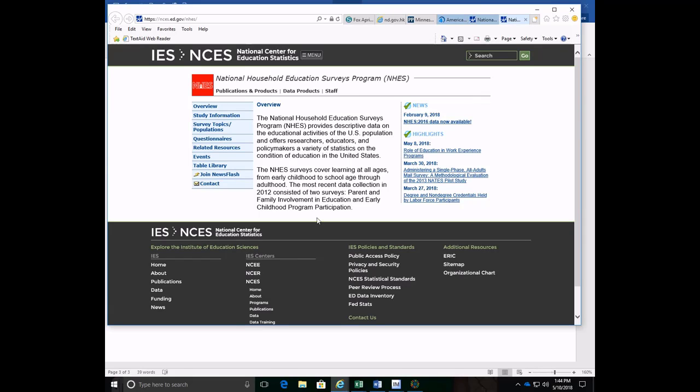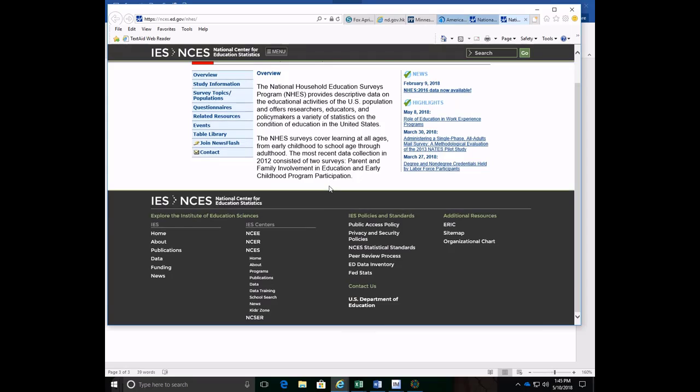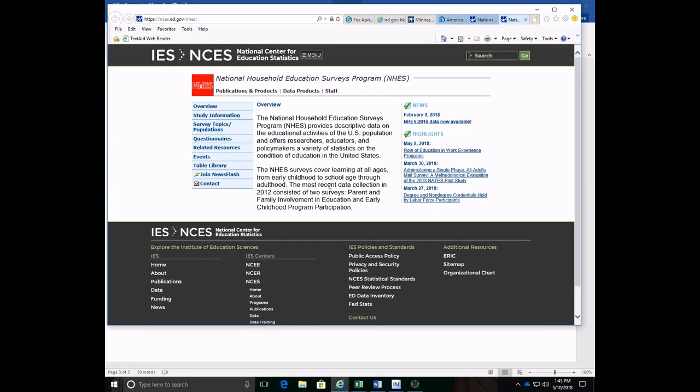And now I've clicked around on this for a while, and I cannot find anything that tells me what the sample is. We know that the population would be all households in the U.S. with students or interested in education, but I cannot find the exact number of people that they ask. All right, why is that important?